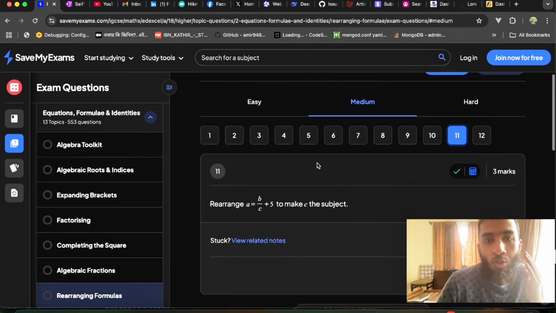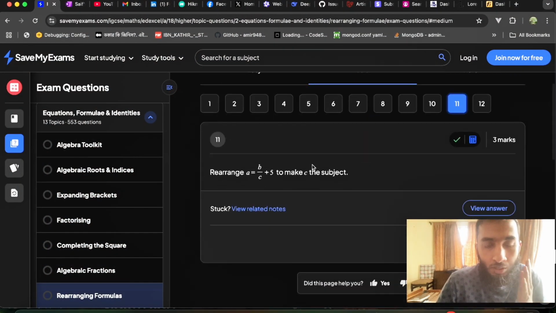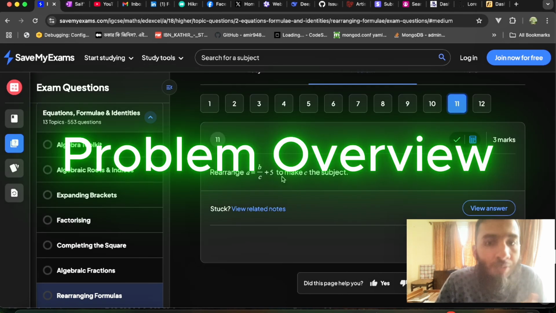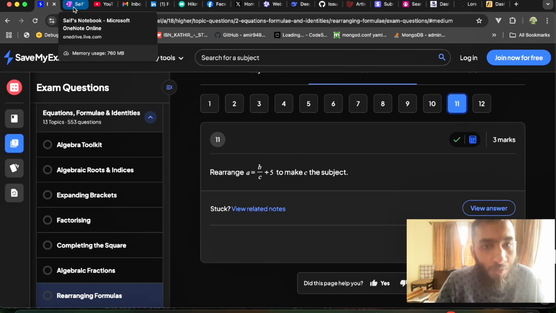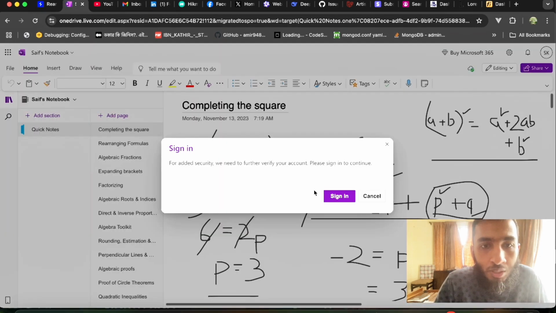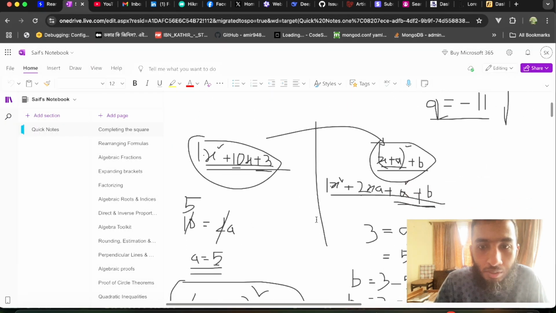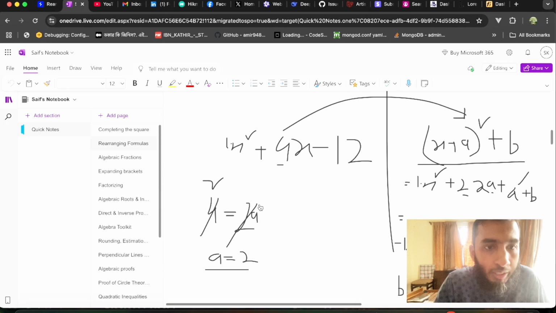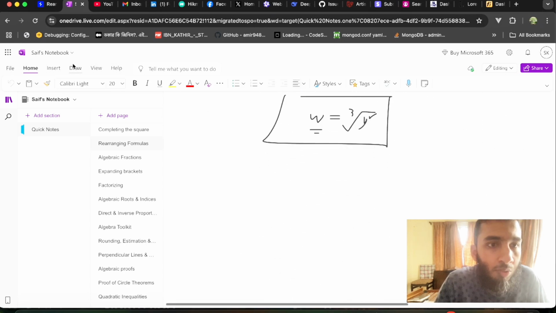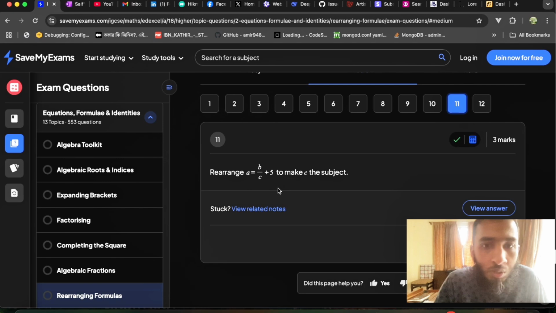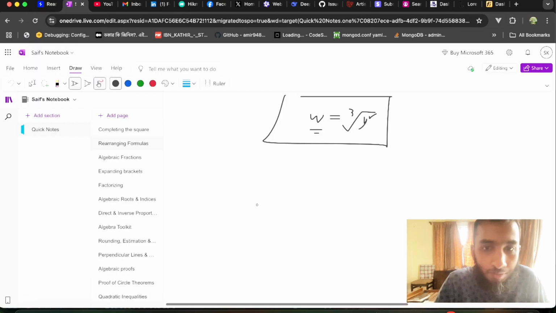If I now focus on problem number 11, you have to rearrange this equation a equals b by c plus 5 to make c the subject. So you have to change the subject. So the equation is a equals b by c plus 5.